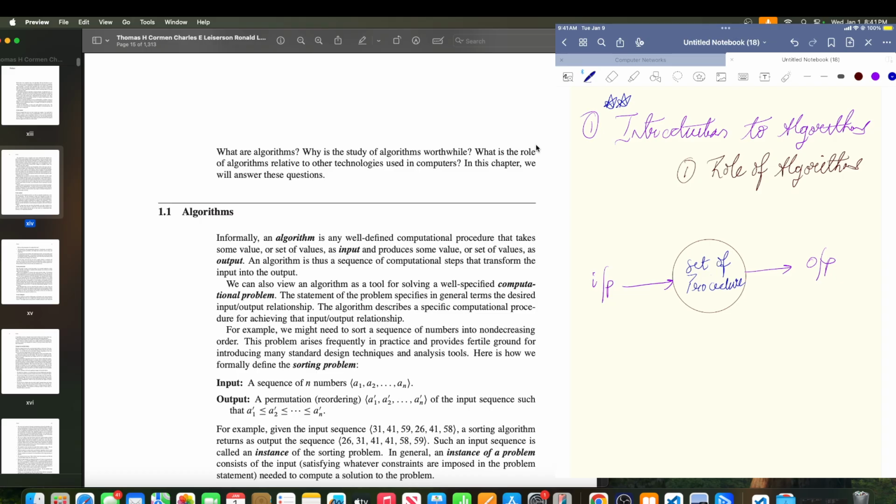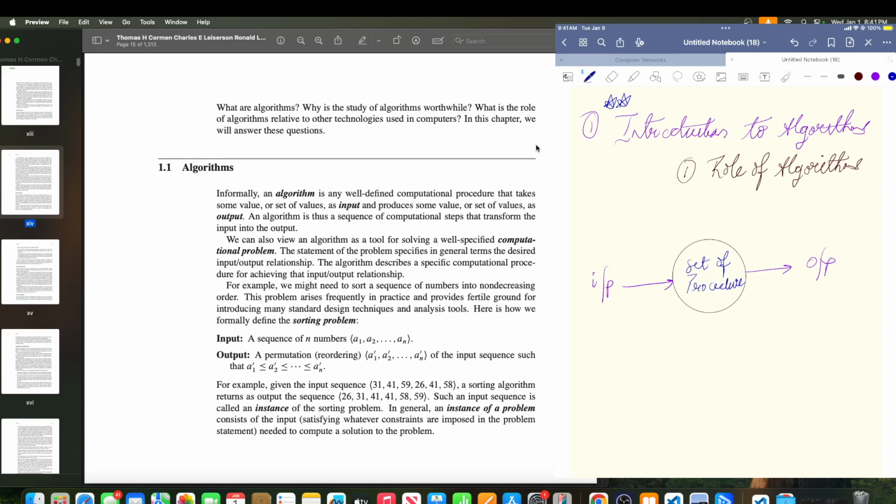We can also use an algorithm as a tool for solving a specific computational problem. The statement of a problem specifies in general terms the desired input and output. The algorithm specifies the computational procedure. Generally we have the inputs.